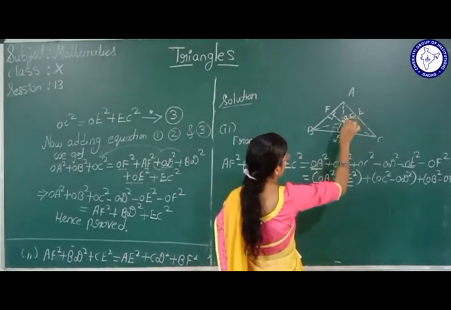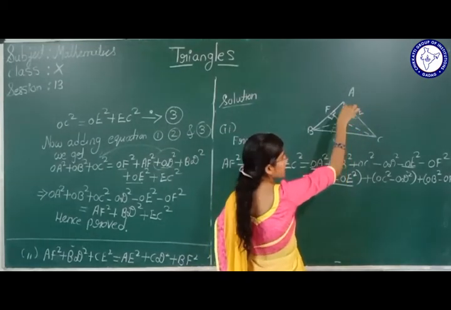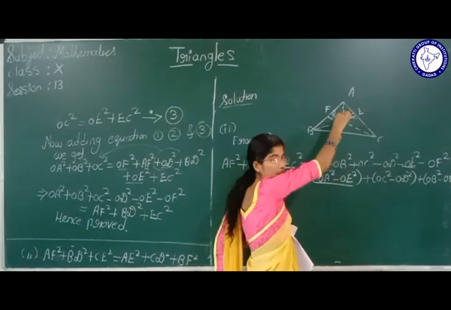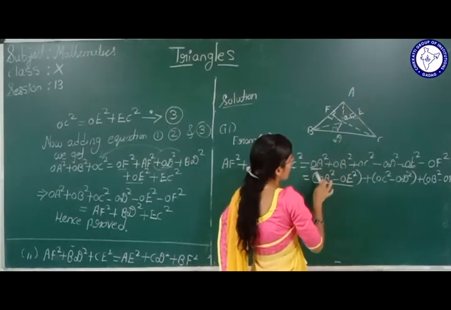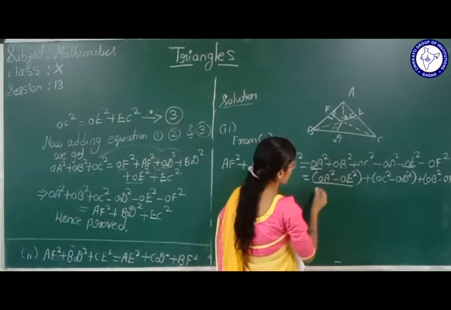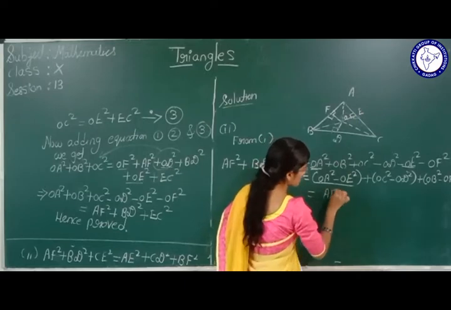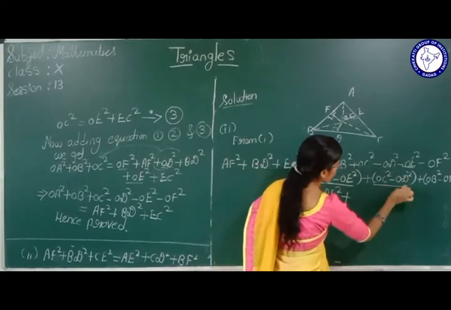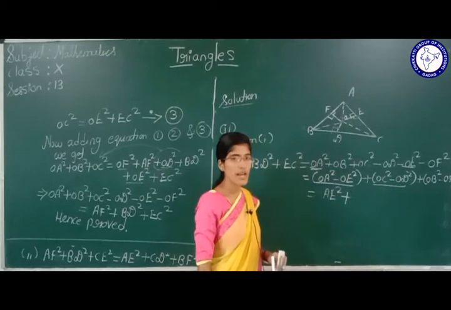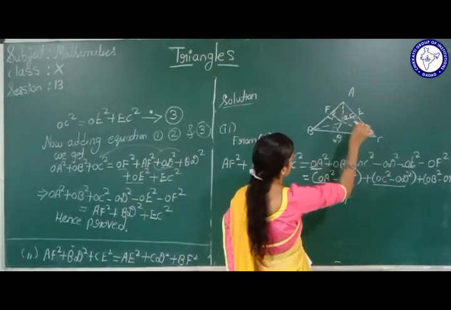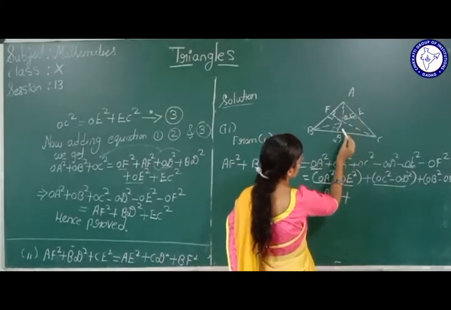OA and OE will belong to this triangle. If you apply Pythagoras theorem here, OA square minus OE square is nothing but AE square. Plus OC and OD will belong to which triangle? See here, OC and OD will belong to this triangle.